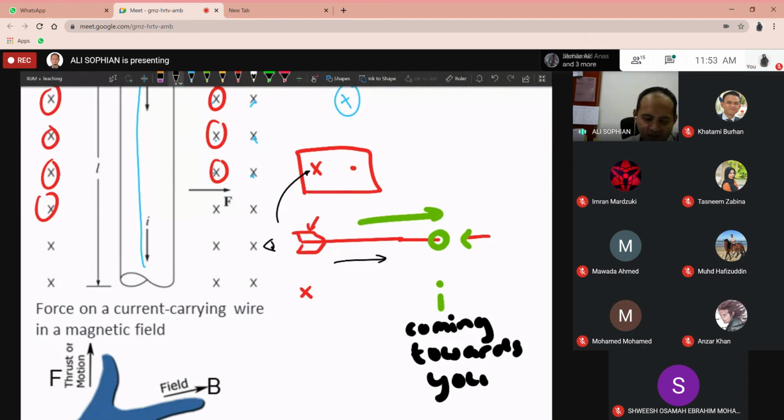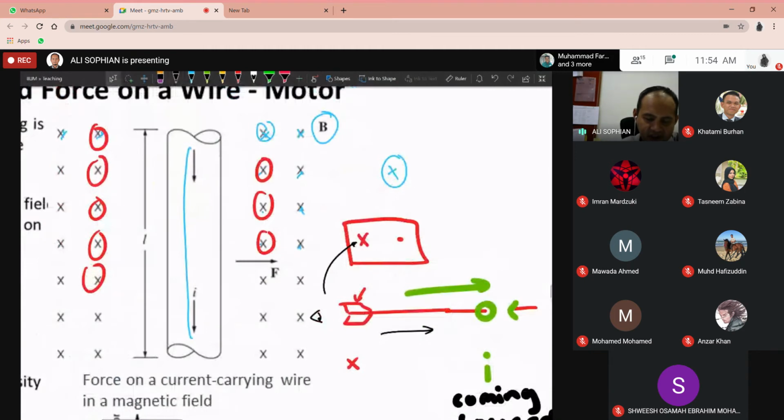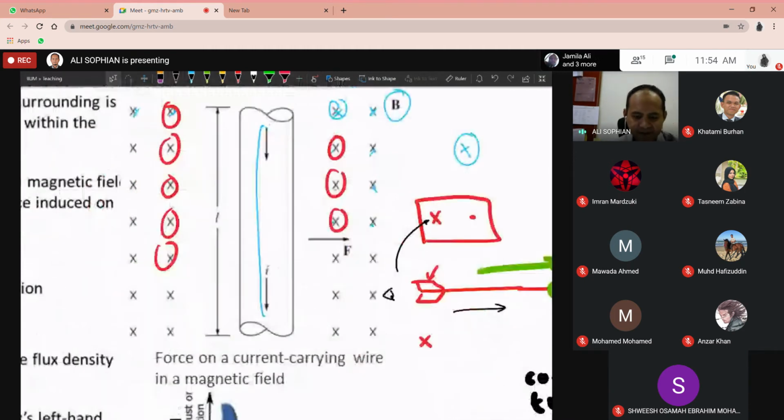So hopefully, if you understand this, then you don't get mixed up. Okay. So the crosses that we have on this illustration mean that the B, or the magnetic field, is going into the page. Yeah. So away from you.